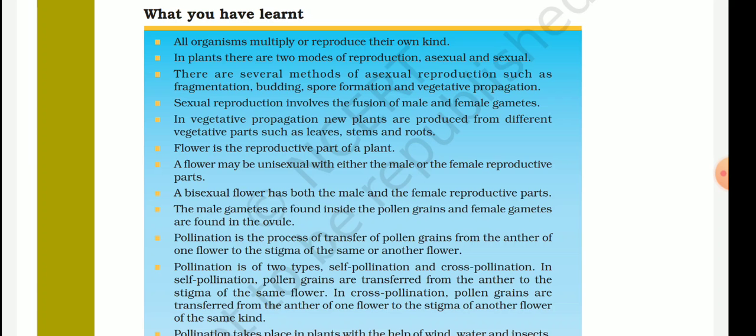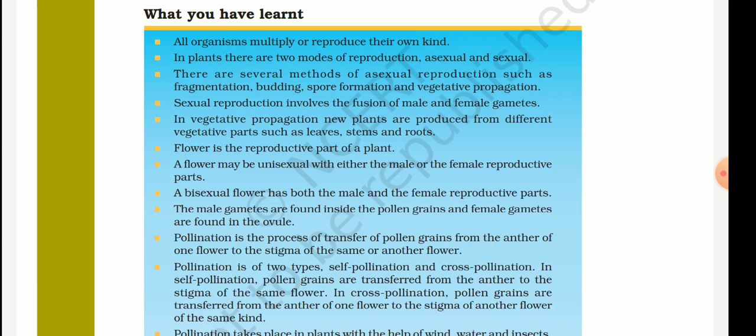Next, the flower is the reproductive part of a plant. A flower may be unisexual with either the male or the female reproductive parts. I told you the male part is the anther, and the female part is the pistil, which consists of stigma, style, and ovary.